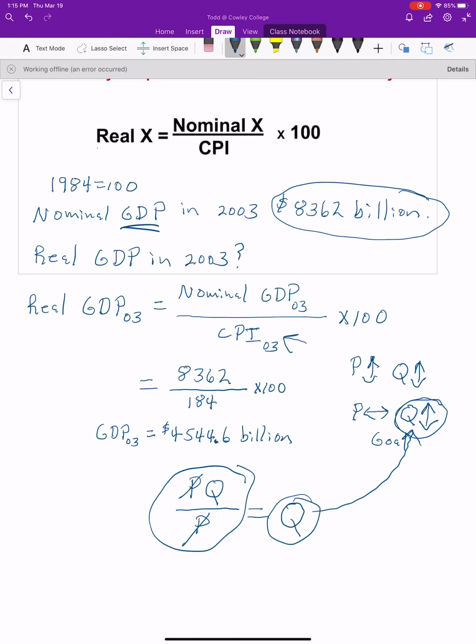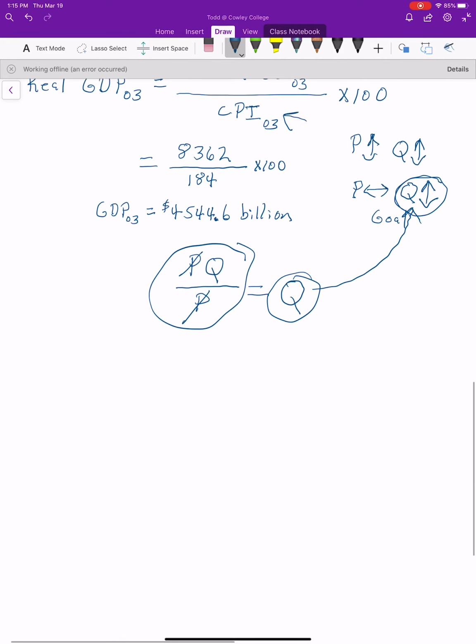Okay, let's do another example to get just a little bit of a feel for what this is doing. All right, so again, I'm going to tell you that 1984 is equal to 100. Let's assume that we have a student.